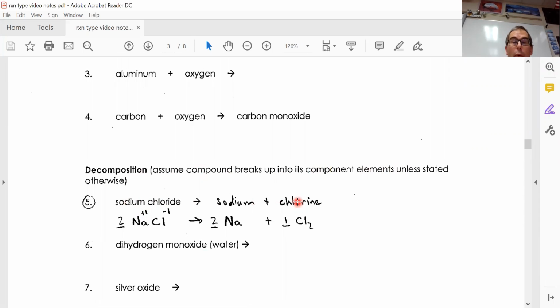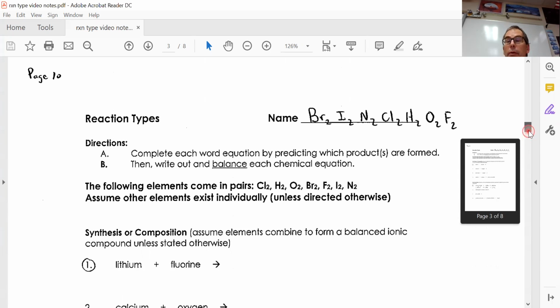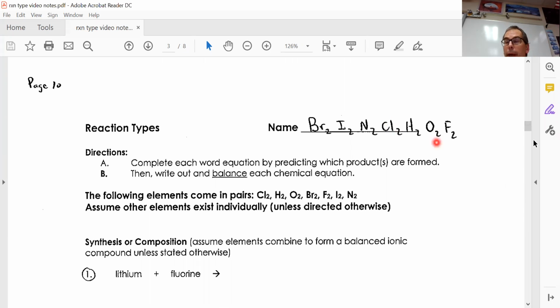And I'm going to say, oh, what's sodium chloride? If I look on my common ion chart, I'm going to find out sodium has a +1, chloride has a -1. So that's balanced the way it is. Sodium is not part of Brinkelhoff, so it travels by itself. Chlorine is part of Brinkelhoff. Okay, we see it right there, travels in pairs.